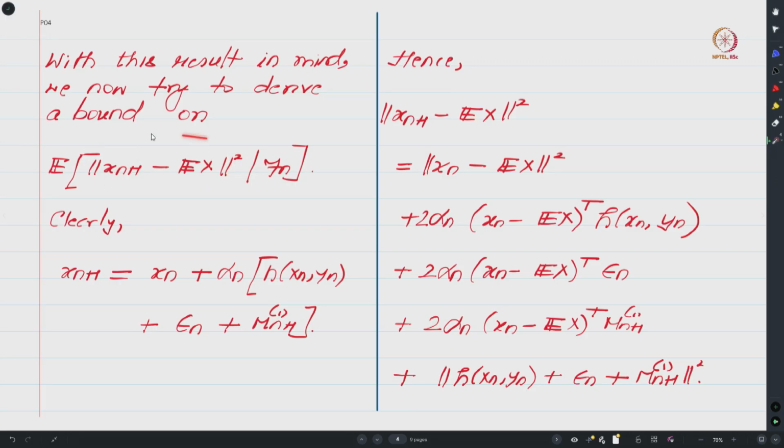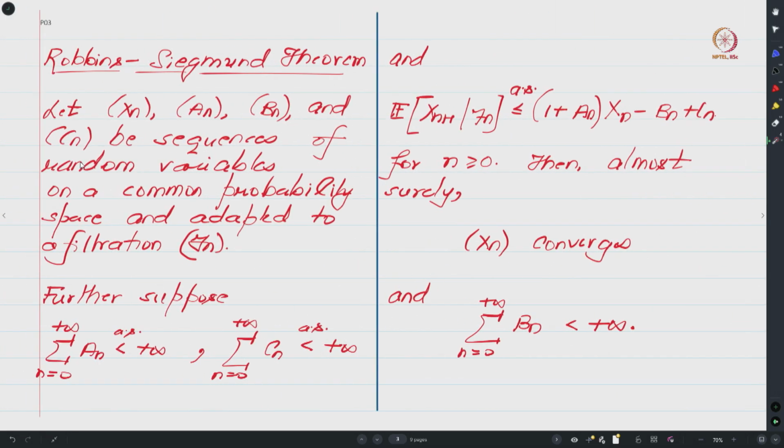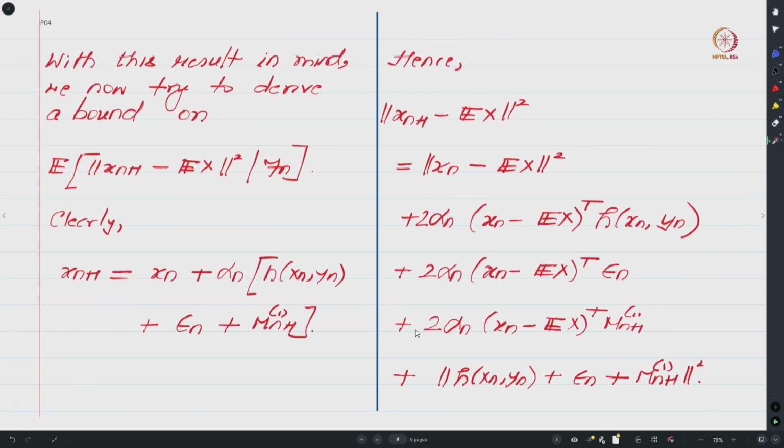So we want to obtain a bound on this expression which mirrors this form, and whatever An and Cn we construct indeed have these properties, so that we would be able to conclude these two things over here. We will worry about the conclusion later. At this point we will try to derive a bound on this expression.